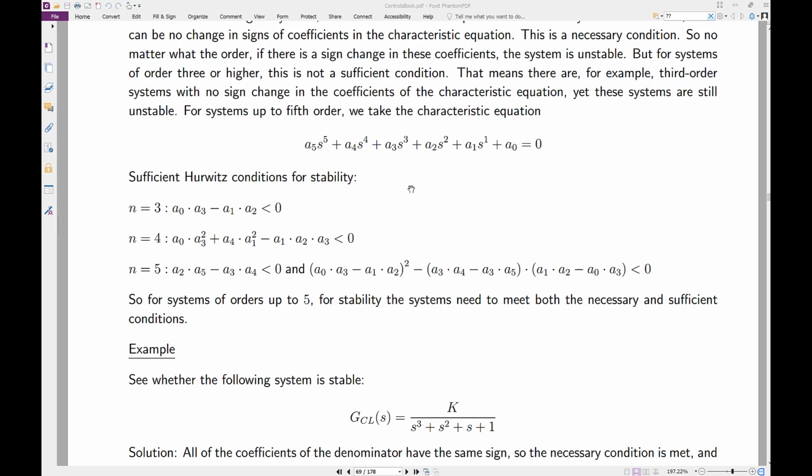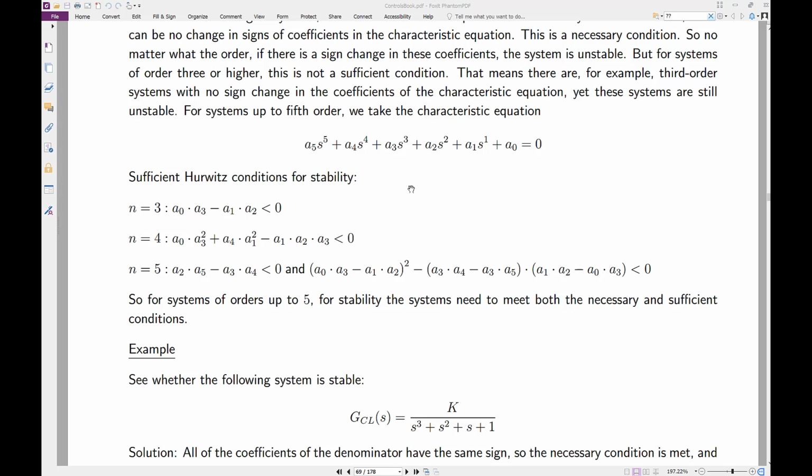So if you have no sign changes and you don't meet this sufficient condition, then your system is unstable. If you don't have sign changes, and you do meet this criterion, then you have a system with no sign changes that meets the sufficient condition, so it is stable.